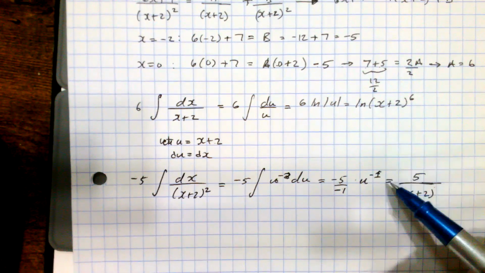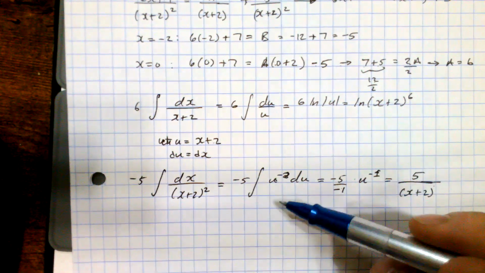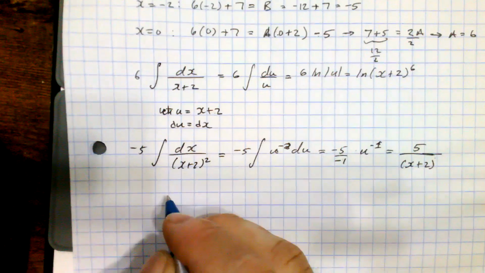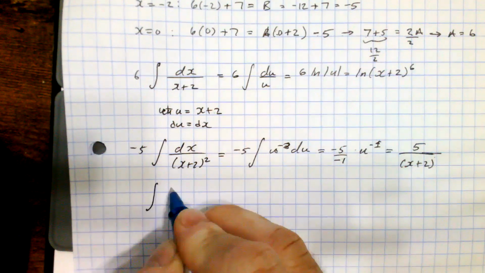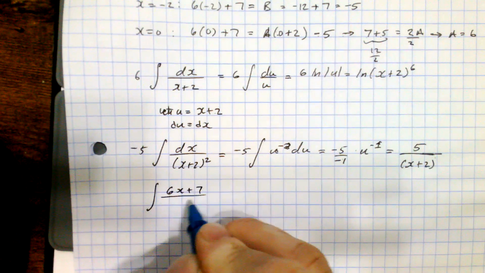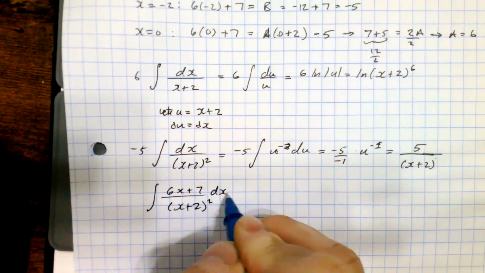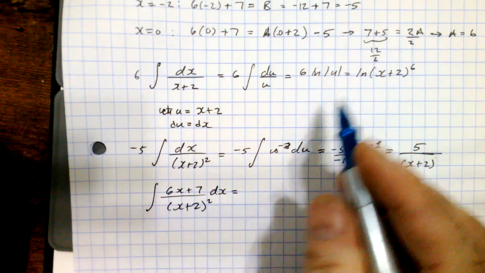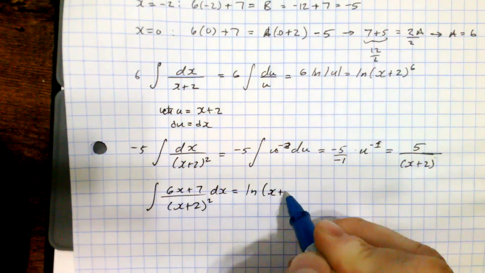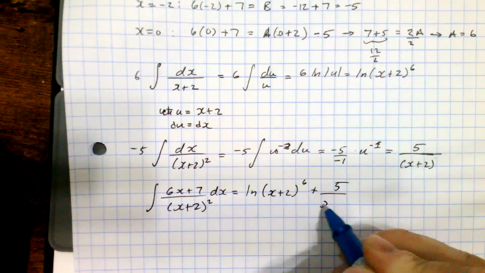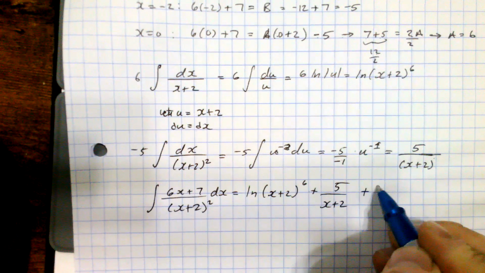So I'm going to add both of these terms and then add a constant of integration, since both of these are indefinite integrals. And so my final answer is the integral of 6x plus 7 over x plus 2 squared dx is equal to the natural log of x plus 2 to the 6th plus 5 over x plus 2 plus a constant.